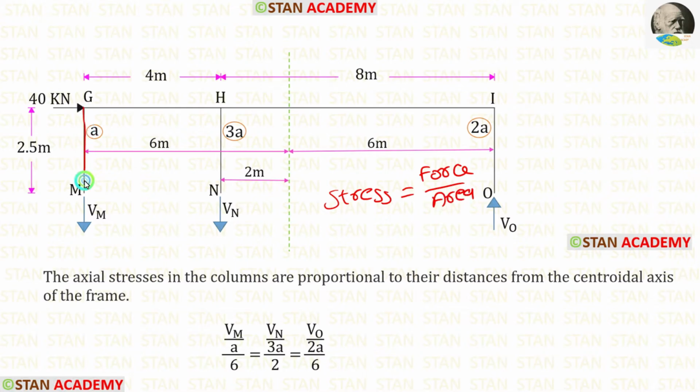For the member GM, the stress is the force Vm upon area. For the member HN, the stress is Vn upon 3 area. And finally, for the member IO, the stress is Vo upon 2 area.